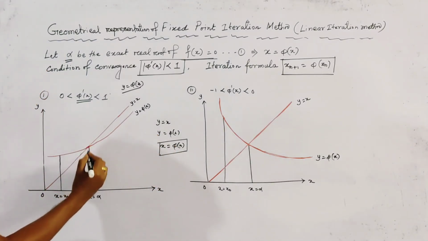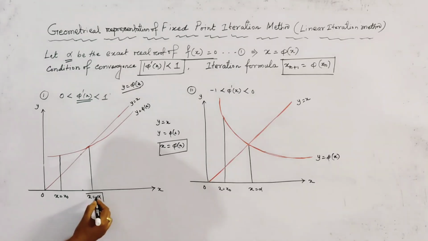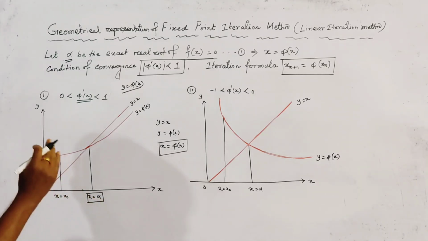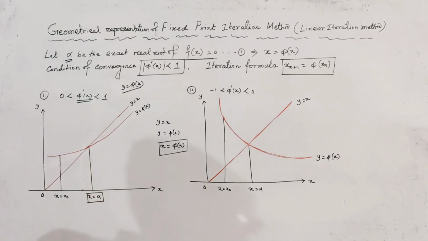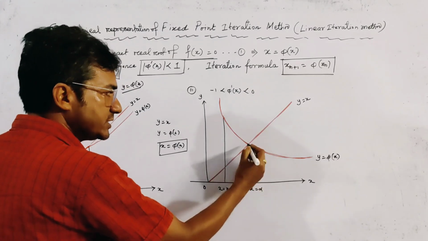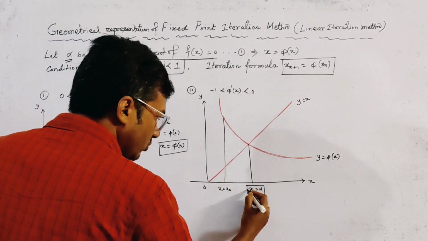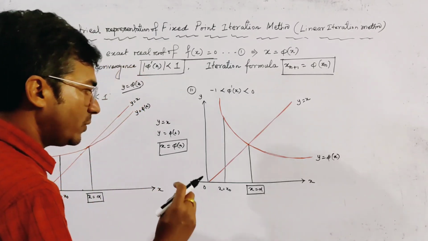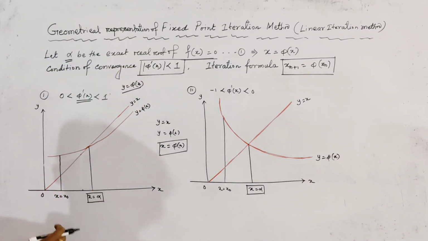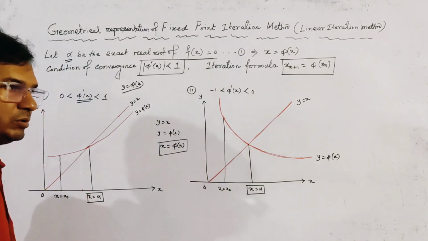So this point gives the exact value alpha. We have to find the approximation of this alpha. Similarly, here x = alpha is the exact root, and we have to find the approximate value of alpha. Now our starting solution for both cases, let it be x = x0.